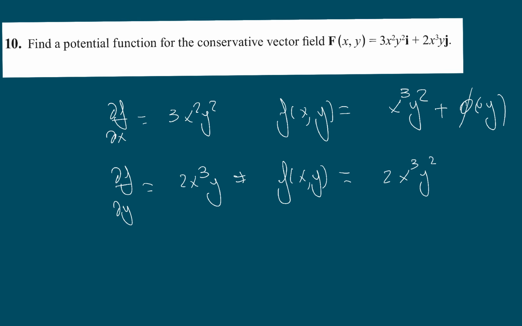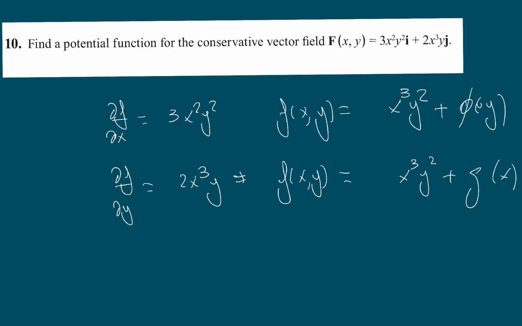Now, if I do the partial derivative of f with respect to y, sorry, erase the 2, so it will be 2 times x cubed y. That is plus what? Plus another function g that depends on x.